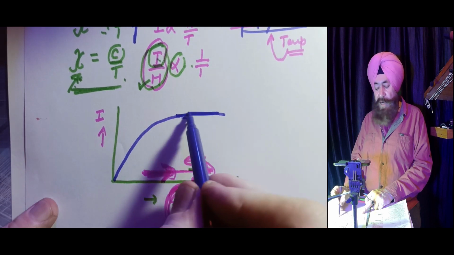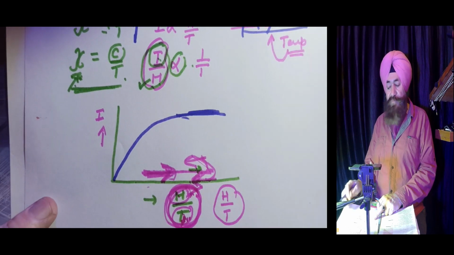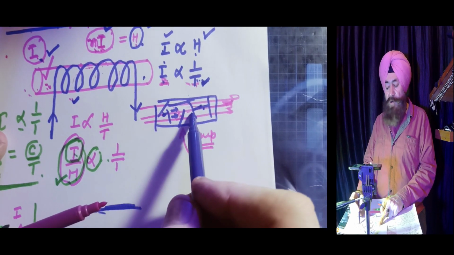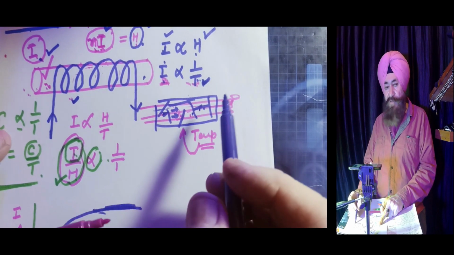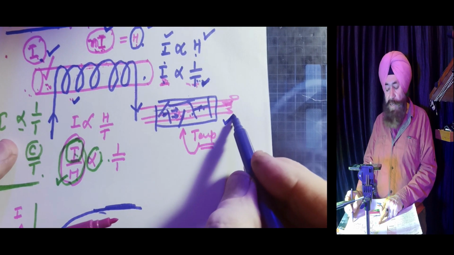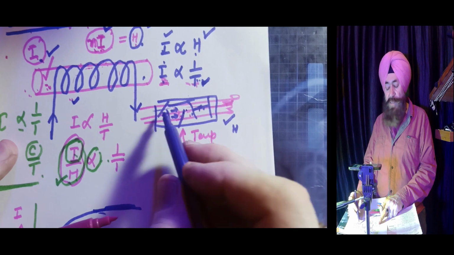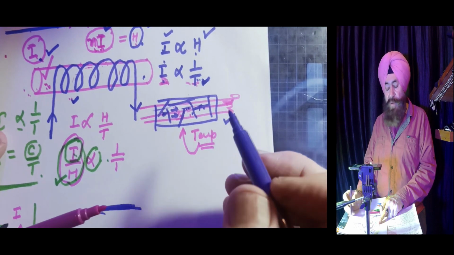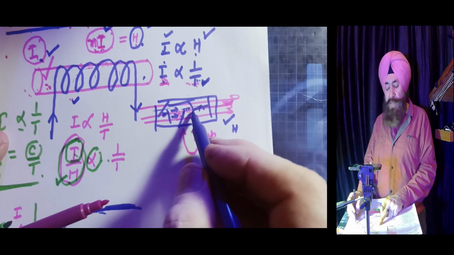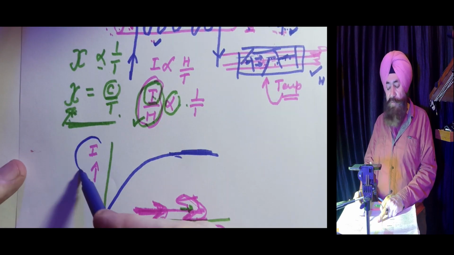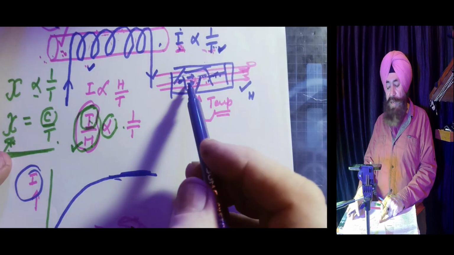What is the reason? Again the same example of domains: when you increase the field H, more and more domains get aligned, which means an increase in I. But there is a limit.